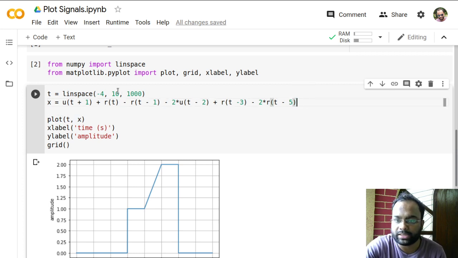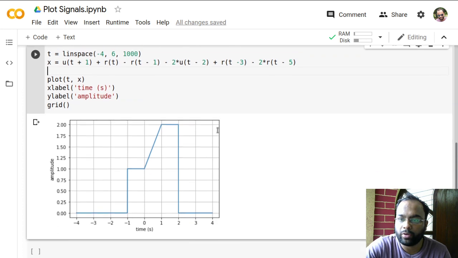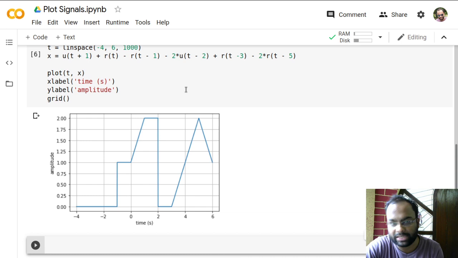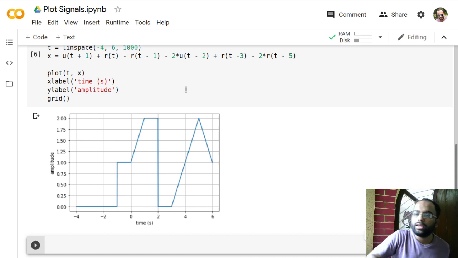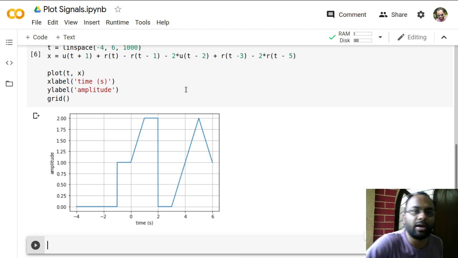Okay, let's create a weird signal and let's plot that up to t equal to 6, say. So I started plot from t equal to -4 up to t equal to 6, and this is a weird signal we are actually plotting. So let's see what it looks like.